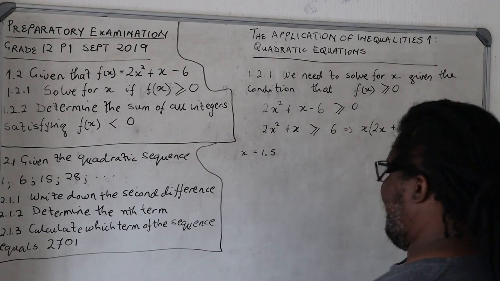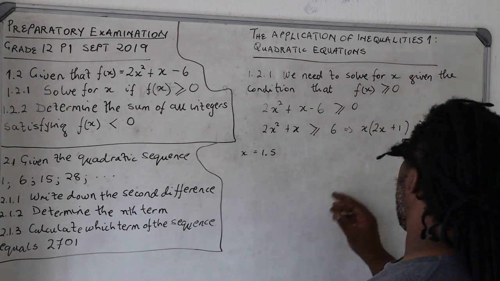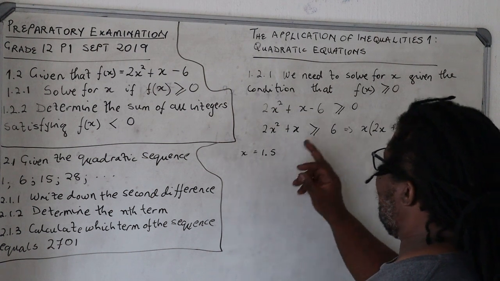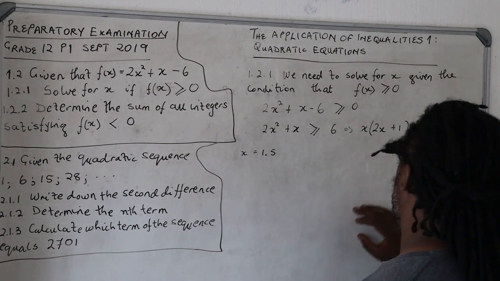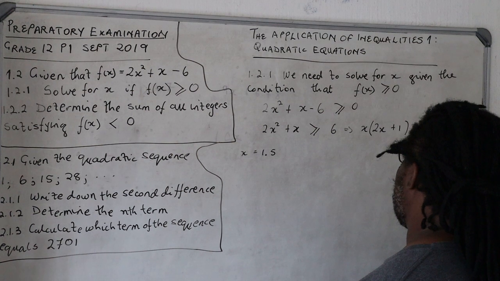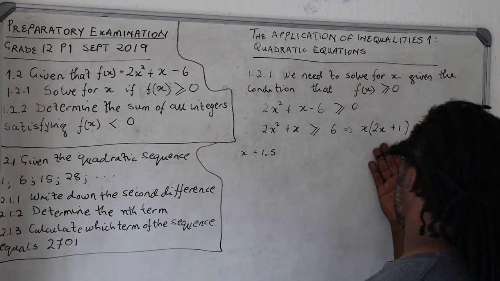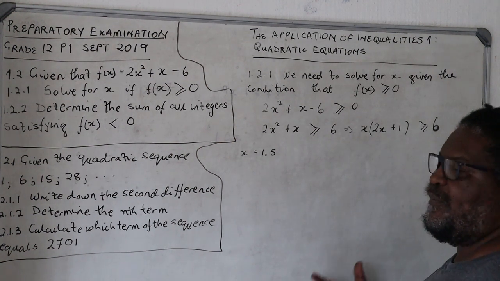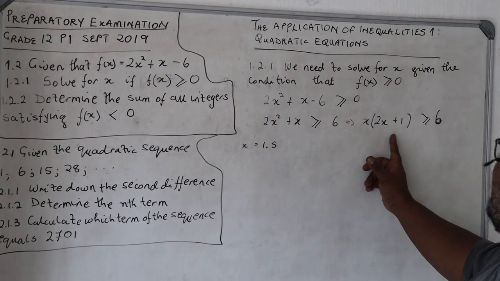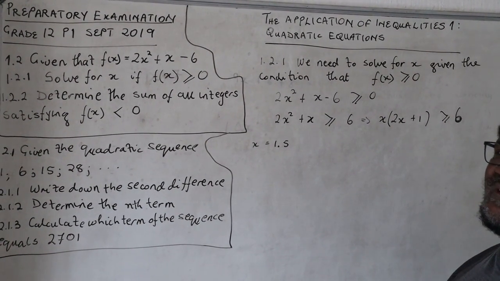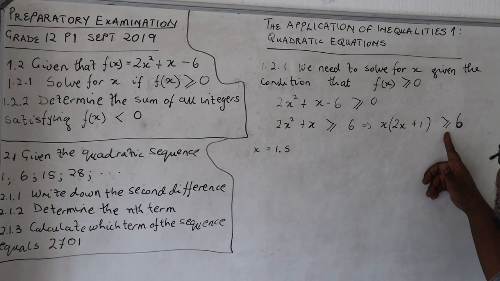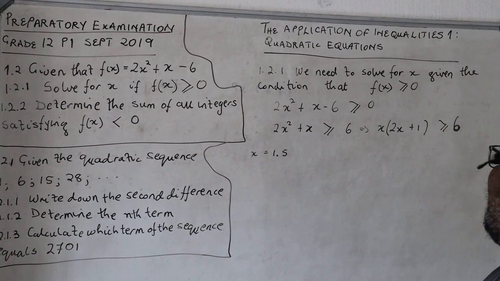So any value of x that is greater than 1.5 also satisfies this inequality. For instance, if you take 2, 2 times 2 is 4, plus 1 is 5. Times 2, it gives you 10, and indeed 10 is greater than 6.